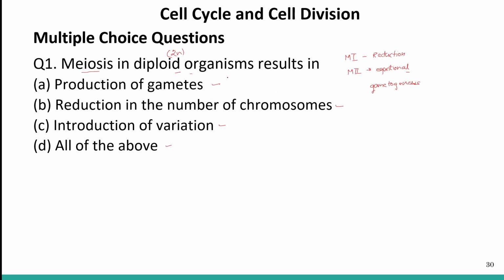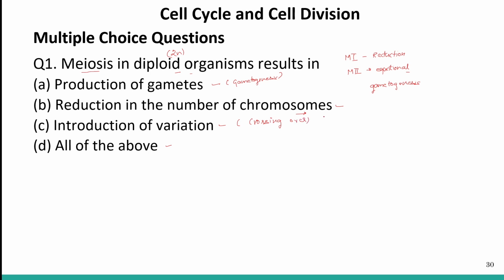Alright, production of gametes, we know meiosis is involved in gametogenesis, the formation of gametes. Reduction in chromosome number also we know, which takes place during meiosis 1. Introduction of variation, because meiosis involves crossing over and recombination.